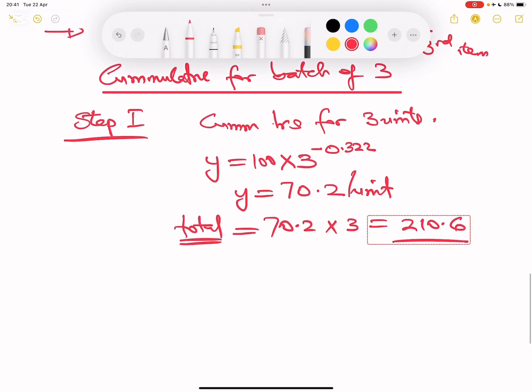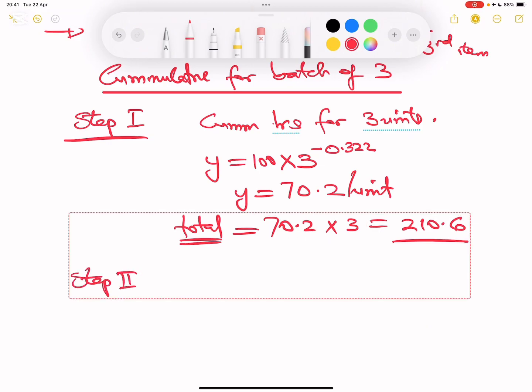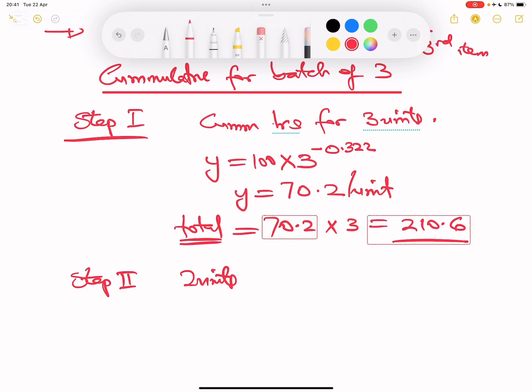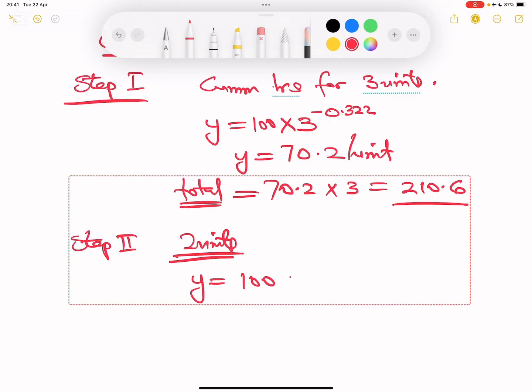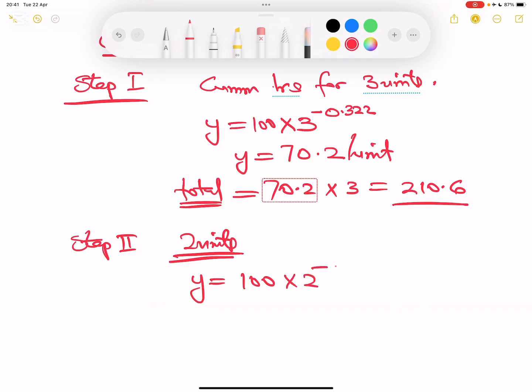So now that we have this, we need to do it for the number of units just before 3, and that will be 2 units, so that we can get the extra time of that third unit. So for 2 units, we need to do the same thing. For 2 units, we also say y equals 100 times 2 raised to power minus 0.322.